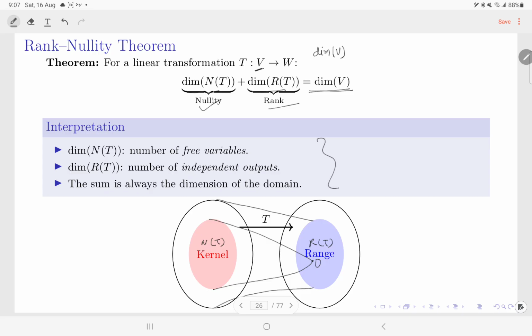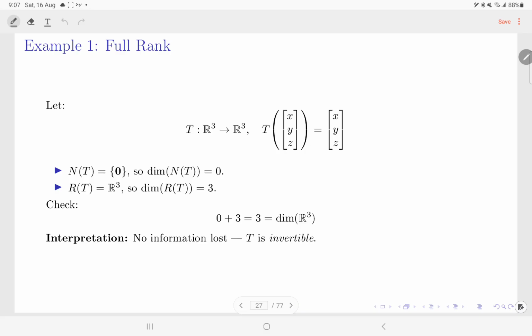Now let's move forward and take an example of full rank and low rank and so on. If a transformation from R3 to R3 is given as the identity matrix, taking (x, y, z) to (x, y, z), then if you find the nullity, you will get the zero set and the dimension will be 0.